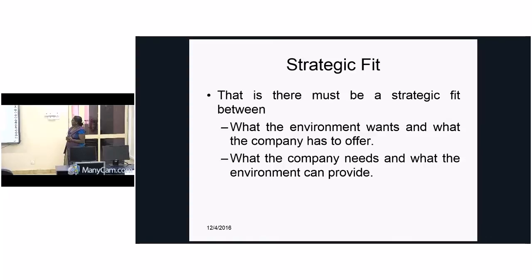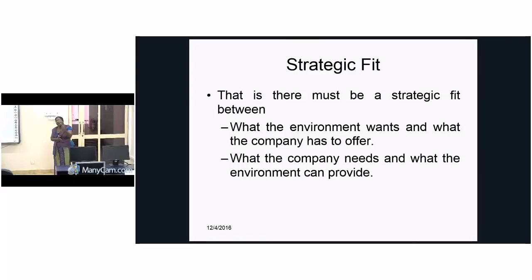Again, there is another direction, another relationship. The company requires different things from the environment and the environment provides us these requirements. So a two-way relationship is there between the company and the environment.